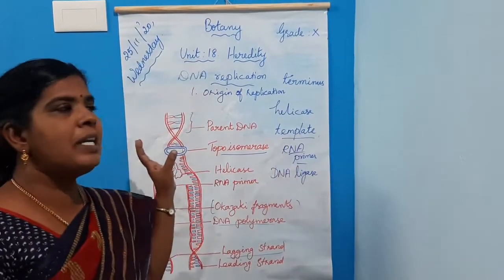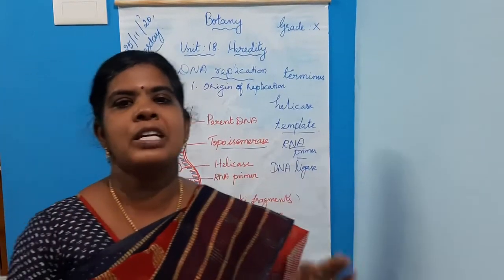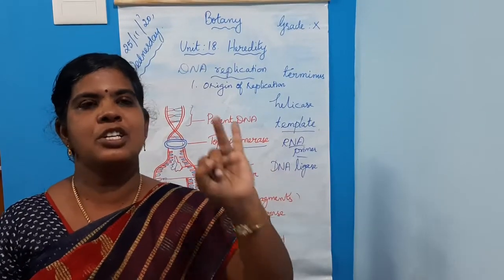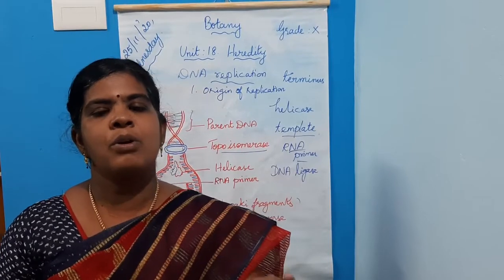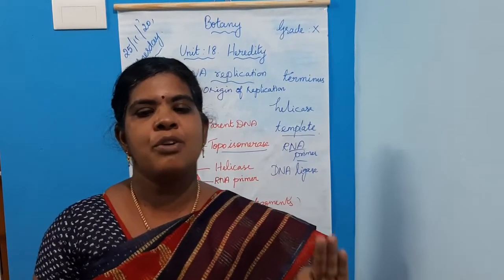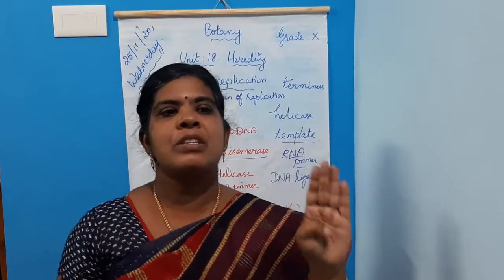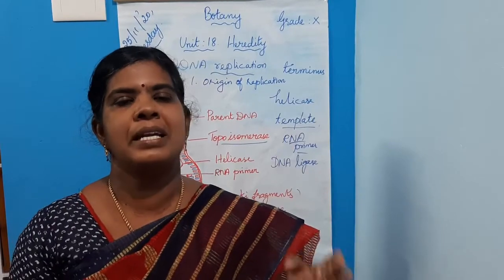Replication takes place in four steps. First is the origin of replication. Second is unwinding of the DNA molecule. Third is formation of the RNA primer, and the last one is the synthesis of the new DNA strand from the parental strand.